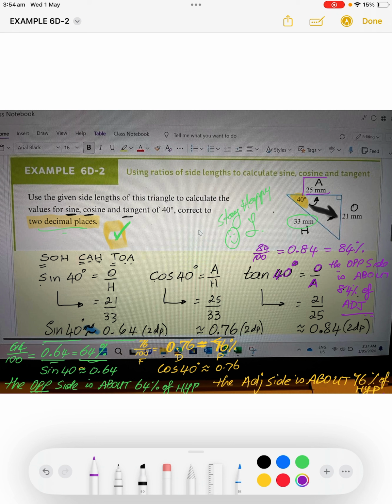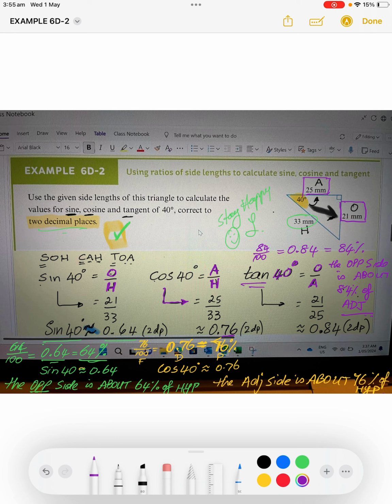And in cos, we're simply saying that the adjacent side will be 76% of the hypotenuse side. In every right angle triangle, if it's sine of 40, and sine of 40 is about 0.64, we're saying that the opposite side will be 64% of the hypotenuse side.